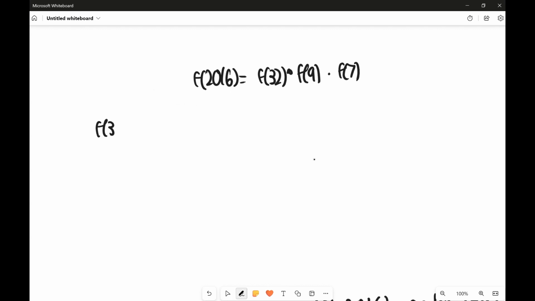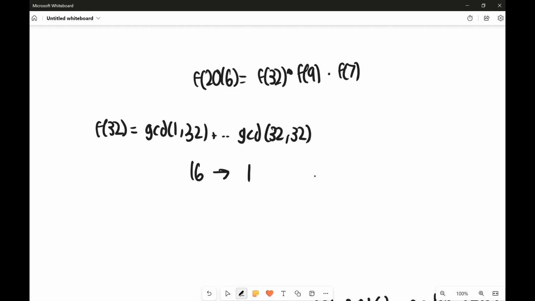So f of 32 is equal to the GCD of 1 and 32 all the way to the GCD of 32 and 32. And so there are 16 terms that make the GCD 1.